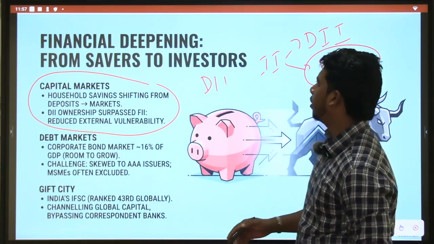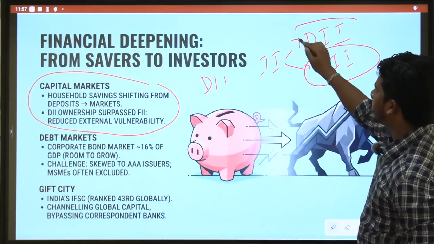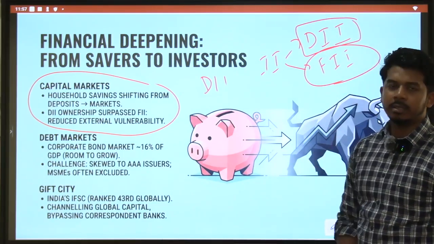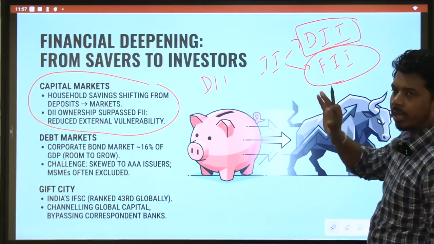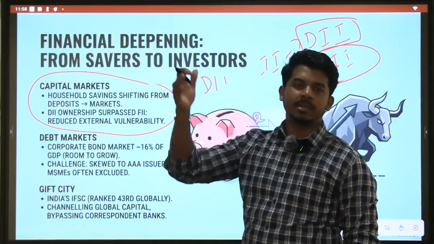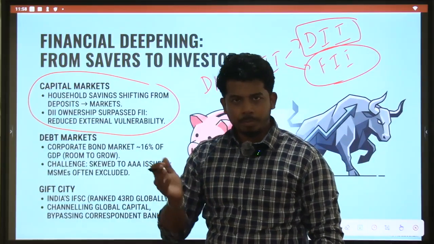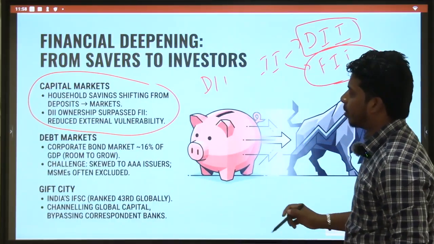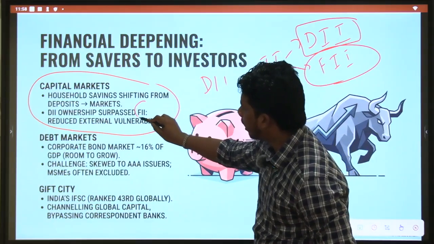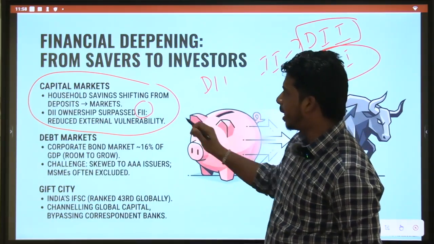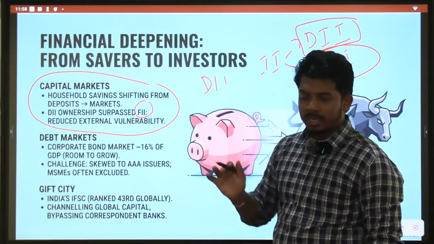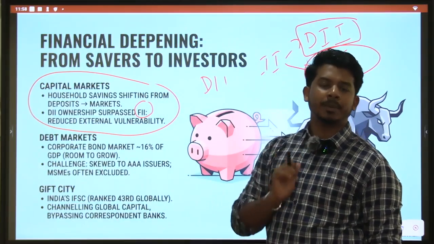On the other hand, if you believe in the investment of domestic investors, people who are living in India, they are usually not affected by external conditions. They are safe. Previously, till now, our foreign institutional investors' share is higher in our capital markets. They are the ones investing more in the capital markets.